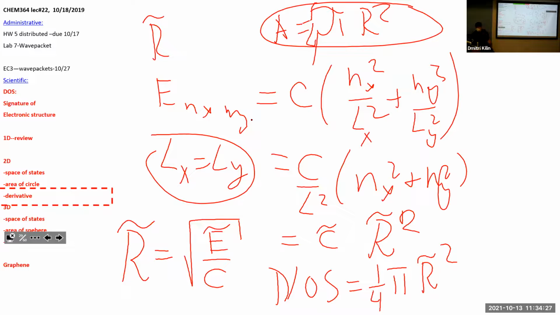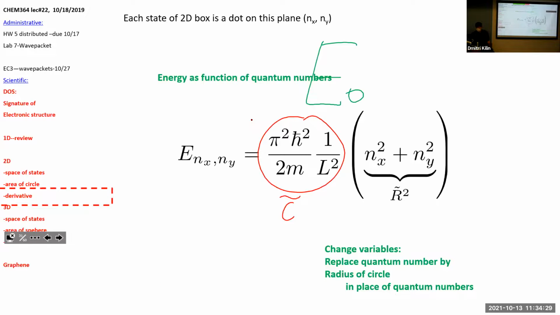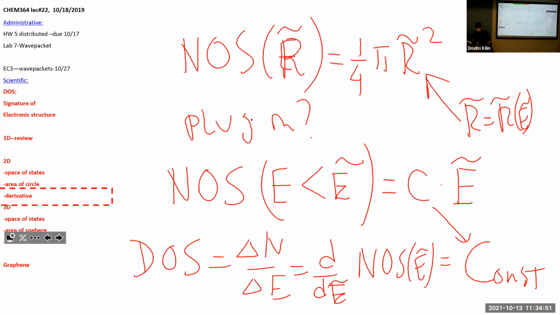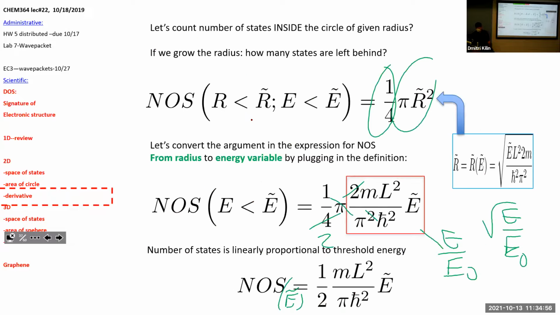Now we have nothing to do other than make the substitution. So here I'm repeating some equations: energy as a function of quantum numbers, energy as a function of radius, radius as a function of energy, and here is the number of states as a function of radius first and energy second.